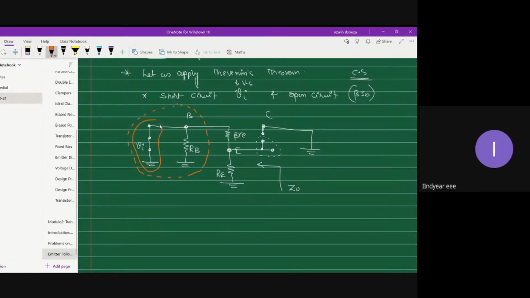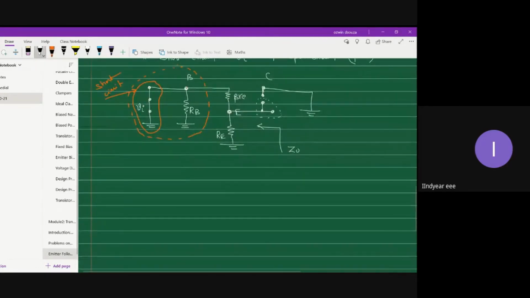Let me write this as short circuit. This short circuit will short circuit the resistor RB as well, because between base and ground you have a straight conductor. So obviously RB is going to get short circuited.